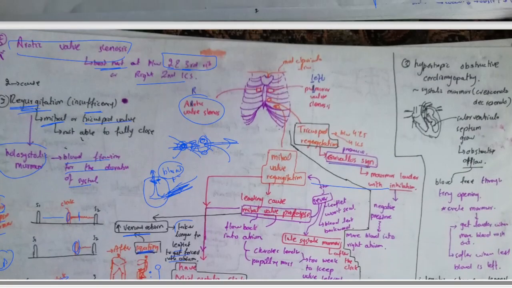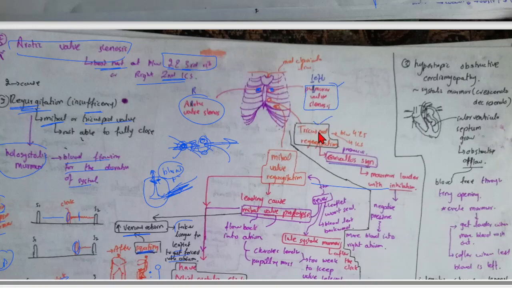Now come here and see the different sounds of aortic stenosis. The aortic stenosis sound is at the right second intercostal space, and the pulmonary valve stenosis is also at the second intercostal space but to the left.